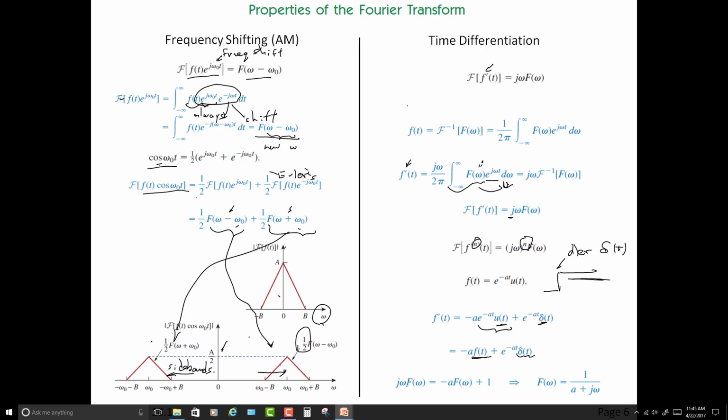Okay, and finally then, for this example, if we go back to our original supposition, which is that the Fourier transform of the differential is j omega times the original, that would be j omega times the original function, the non-differentiated one, is minus plus 1, right? And that transforms to 1 over a plus j omega.